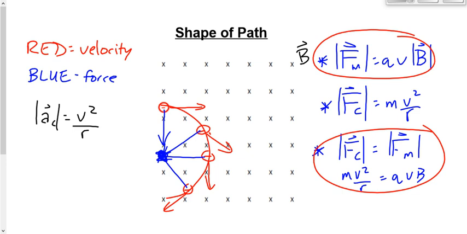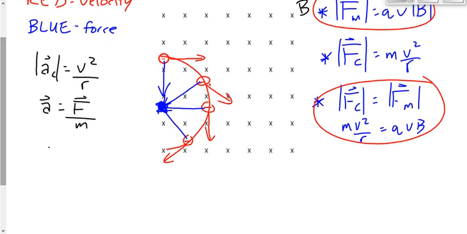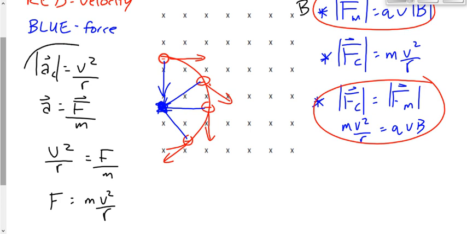And you'll see acceleration is equal to F over m. If you combine those, v squared over r equals F over m, then you end up getting F is equal to mv squared over r. Does that make sense? So you can remember this equation, or you can figure it out from the two equations that actually do appear on your data sheet.